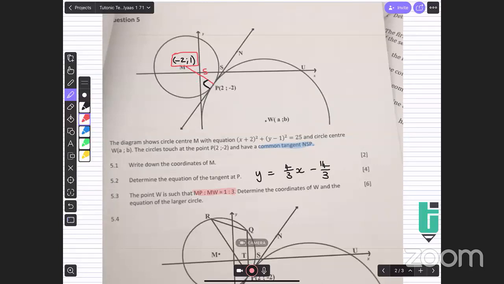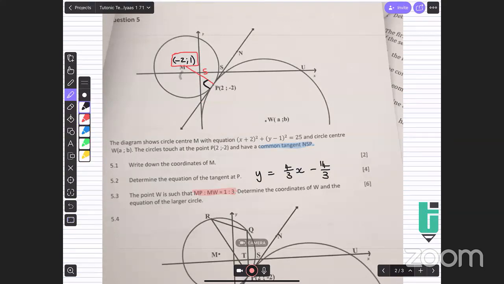So we can say MP is 1, and then PW... No, sorry, we don't do that. So you can say MW is equal to 15 since MP is 5.